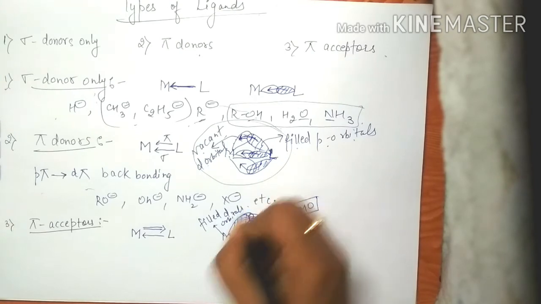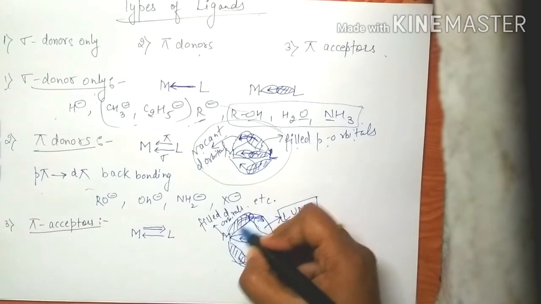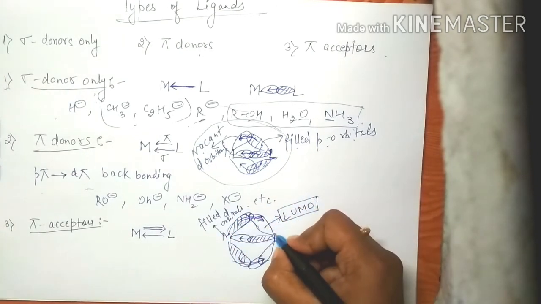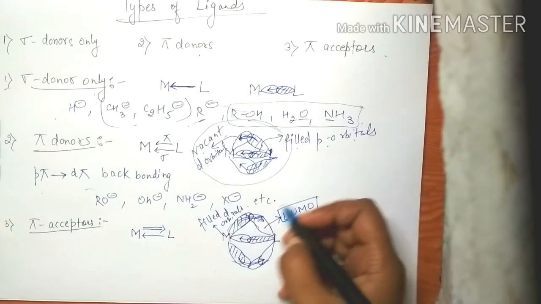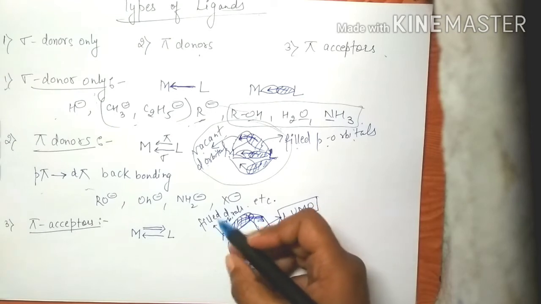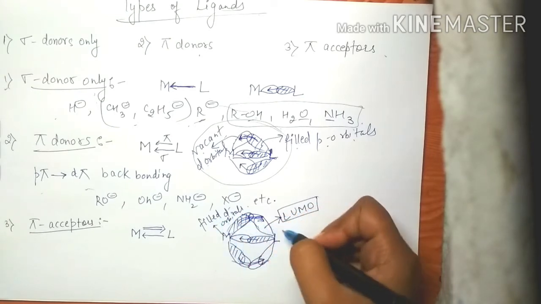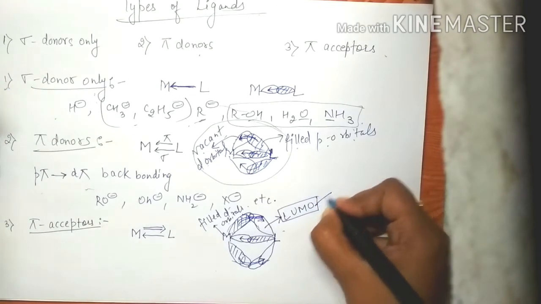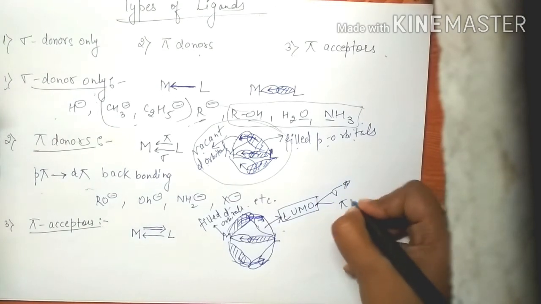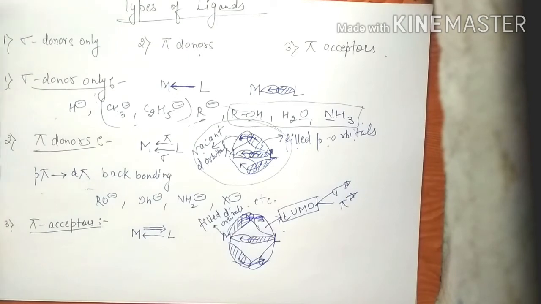So for pi back bonding, the ligand has its LUMO and the metal has its filled d orbitals. So electron donation takes place from the filled d orbitals of the metal towards the LUMO of the ligand. This LUMO could be sigma star or pi star.